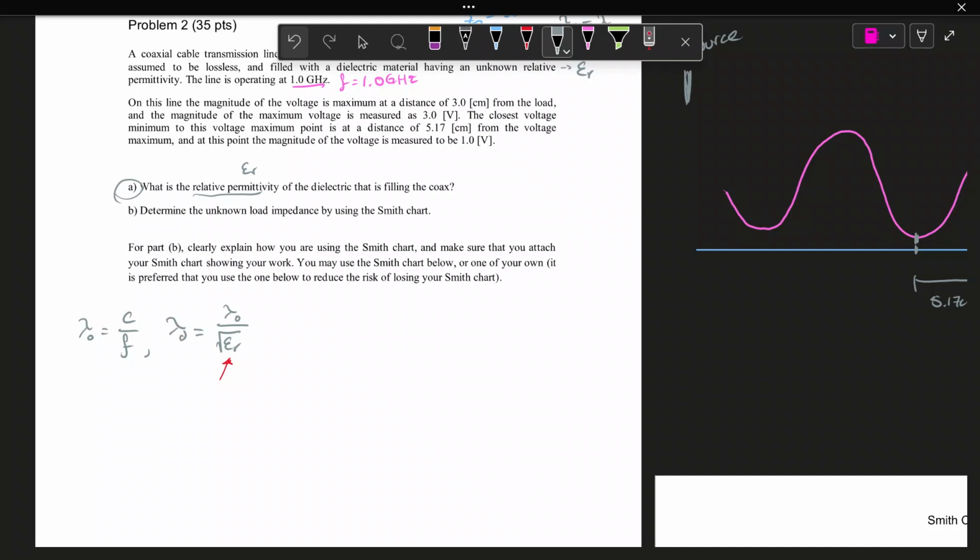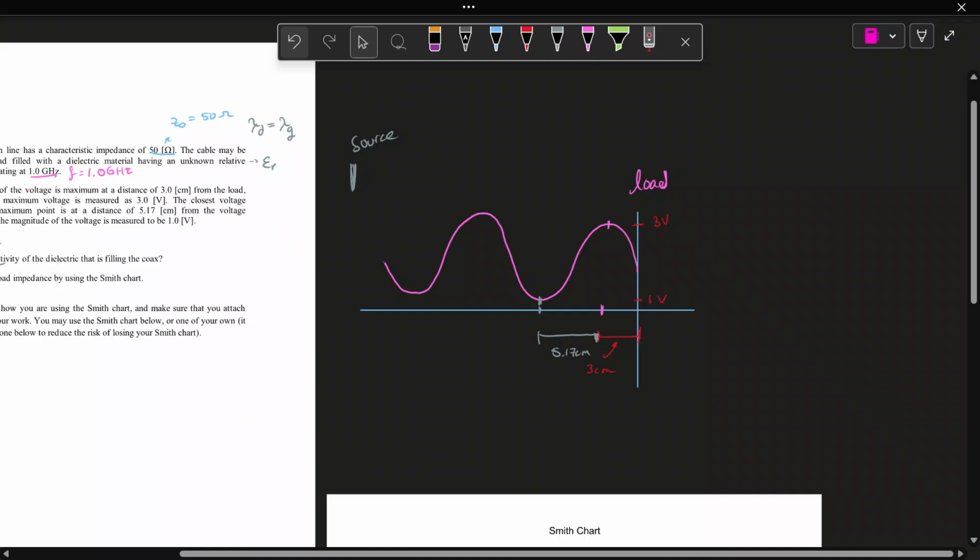But what is lambda d? Lambda d is the guided wavelength, the entire wavelength, so we have to figure out what that is. Looking back at this chart, it will tell us exactly. Something you do have to know is that the distance from the voltage max to the voltage min is lambda d over 4.